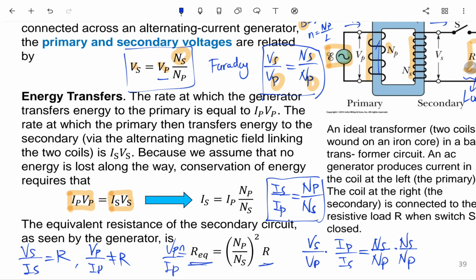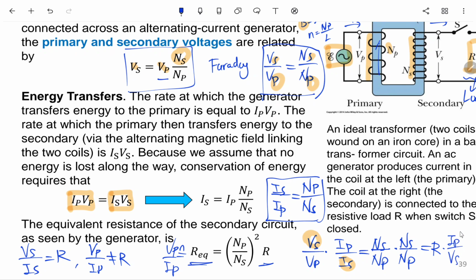Now we already have Vs over Is to be R_out, so this stuff will be R_out, times Ip over Vp.